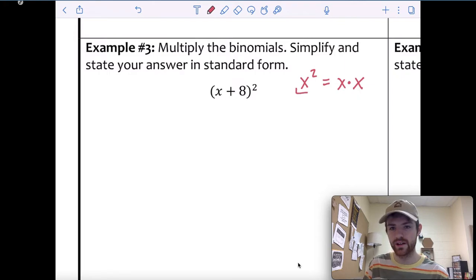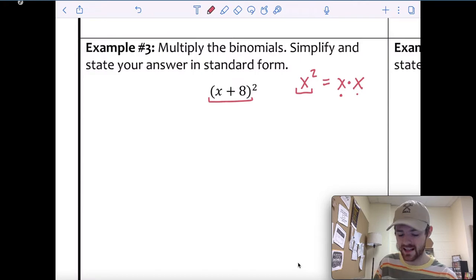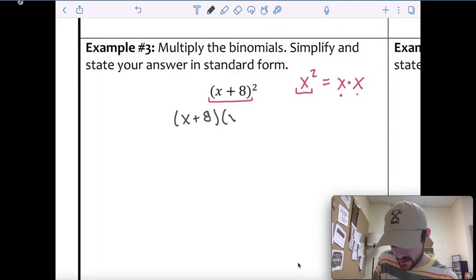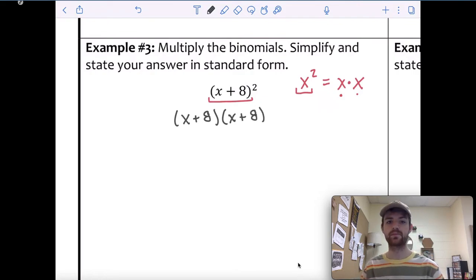Anything that I have squared is just itself times itself, even if it's multiple things. So when I see x plus 8 squared, I'm really seeing x plus 8 times another x plus 8. Anytime you see a binomial squared, just write another exact copy off to the side that you'll multiply.